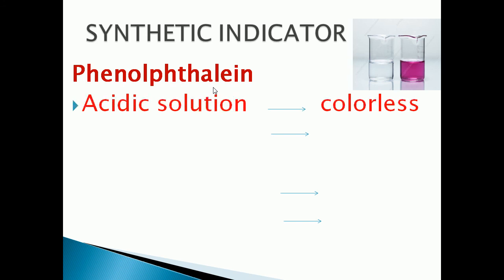In acidic solution, phenolphthalein remains colorless. It will not change any color if the solution is acidic, or the substance contains acid. That is the natural color of phenolphthalein.